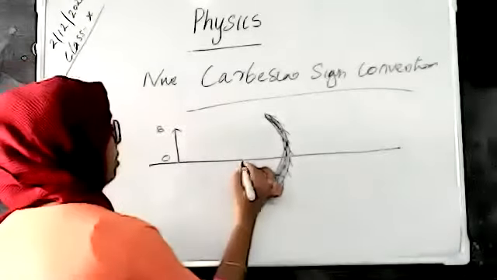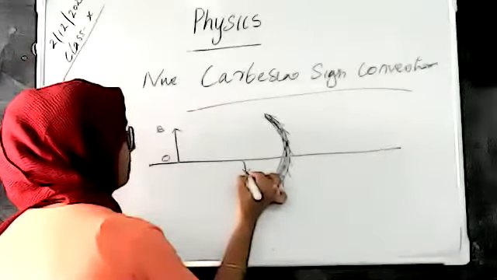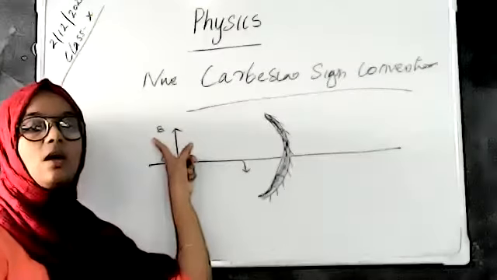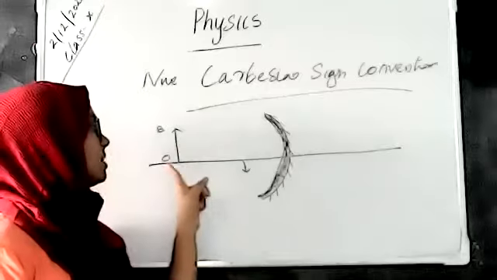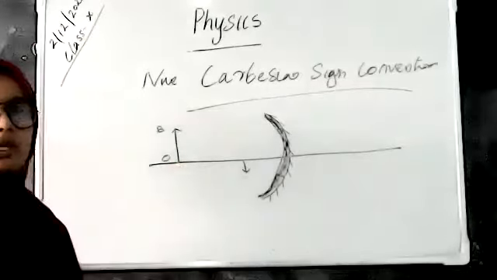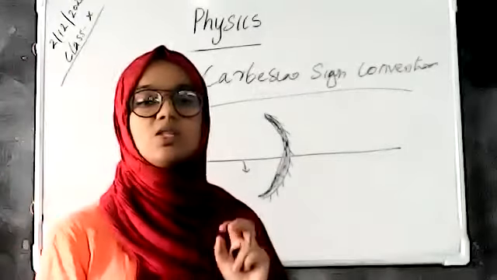Now the image is small compared to the object because the position of the object is beyond C. So beyond C, the image is smaller.